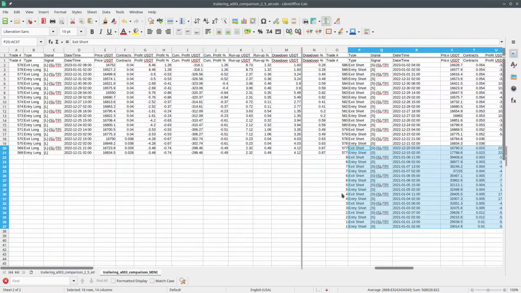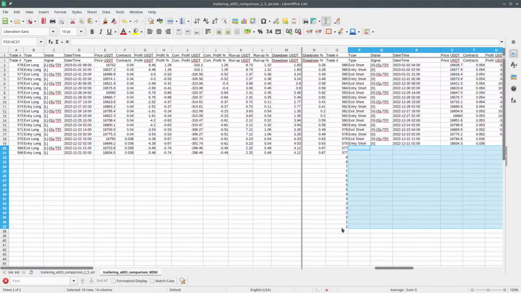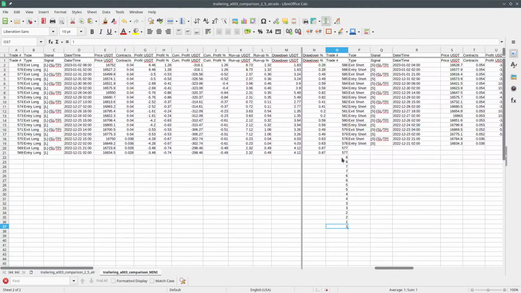What the hell is 1 2 3 1 2 3? Trade, draw down. Yeah, we should start with the trade. That's interesting.